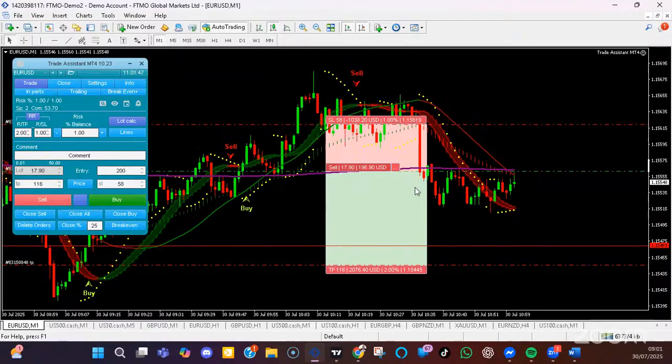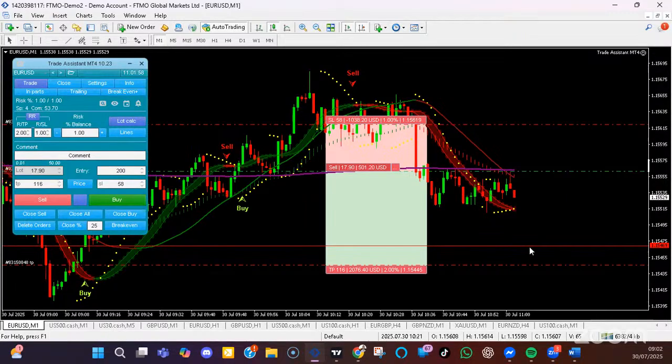But it's gone sideways again, making decisions. What are they going to do? Could be a deeper sell down to these areas here to tap into that imbalance. See what I mean by leaving these trades on?